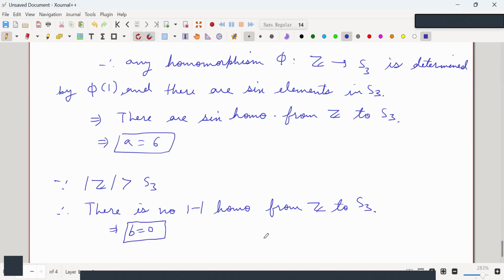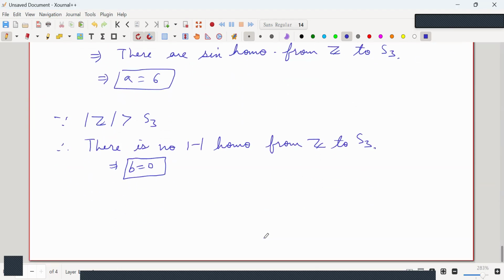What about the onto part? So we can characterize all possible homomorphisms from Z to S3. Right.